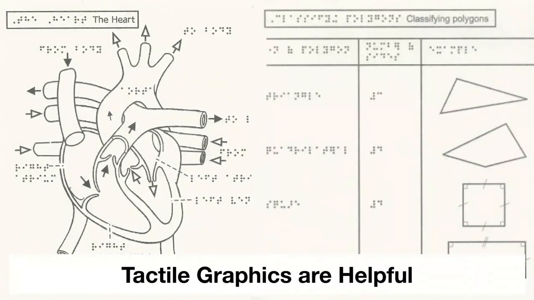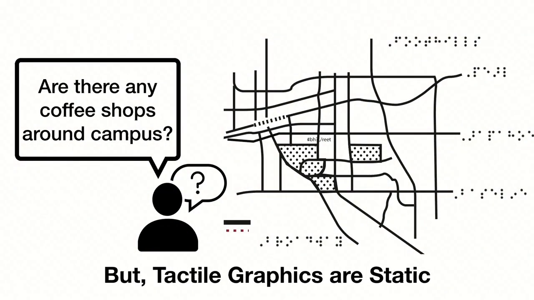Typically, to do that, we often use tactile graphics like this, using embossed paper to make bumps that draw graphics on top of the paper. But these tactile graphics are static, so they cannot embrace dynamic content.